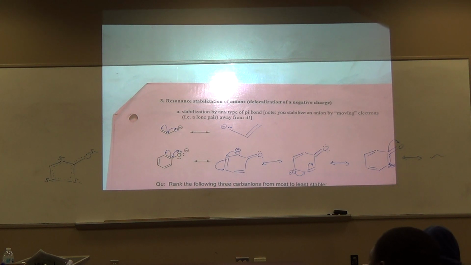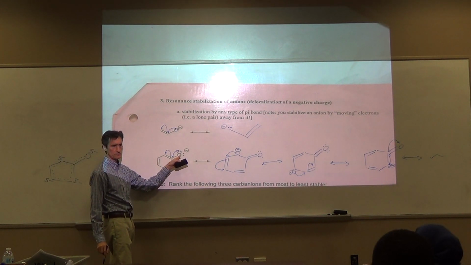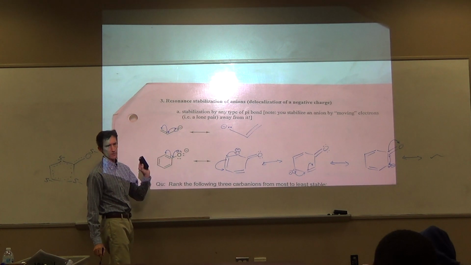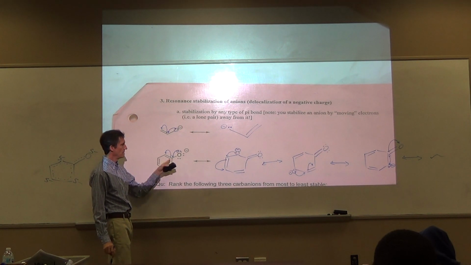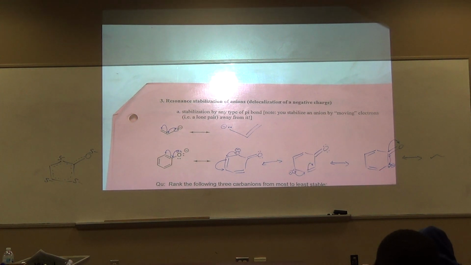They all have the same number of bonds. The difference, why this one's best, minus on oxygen. They all have octets. They all have the same number of bonds. Minus on oxygen would be better. Isn't the electron density going to sit more on the oxygen? Okay.